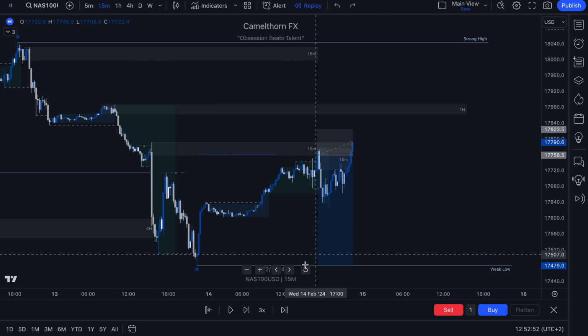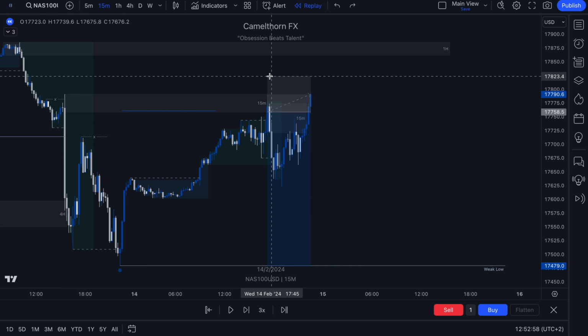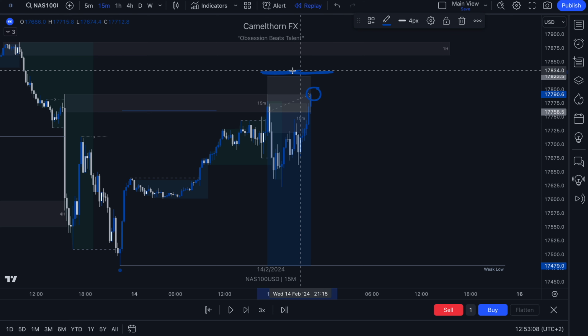So what I did after seeing this scenario play out here, even though I had my stop loss, I decided to manually close my trade just shy of my full stop loss being hit.